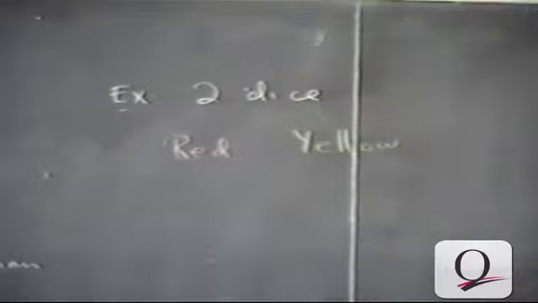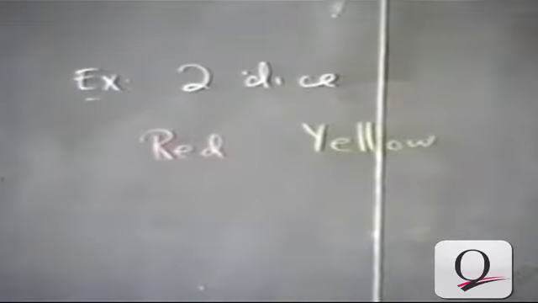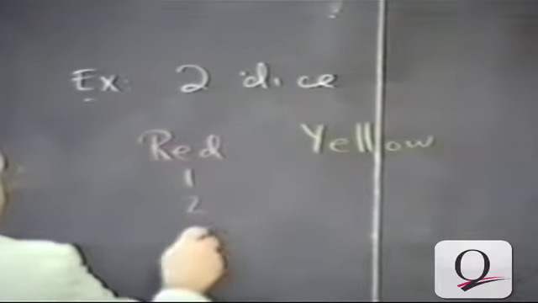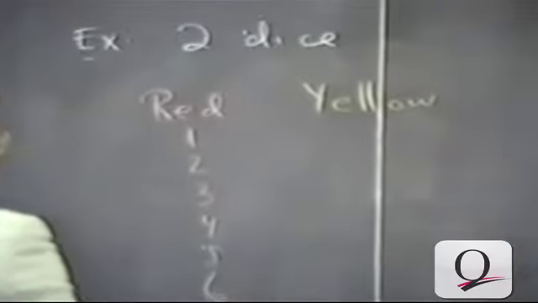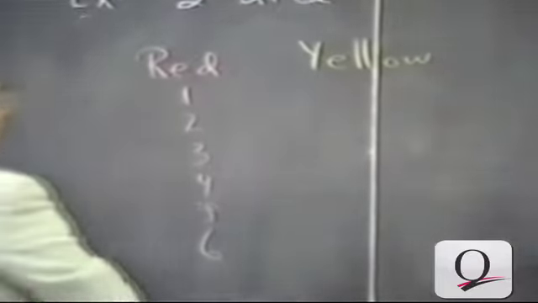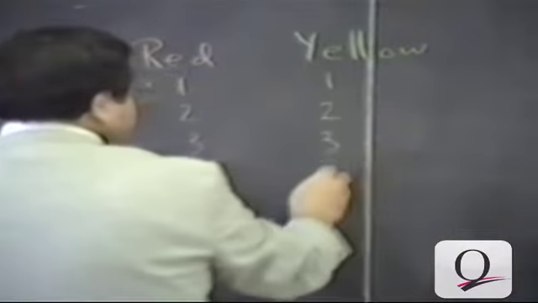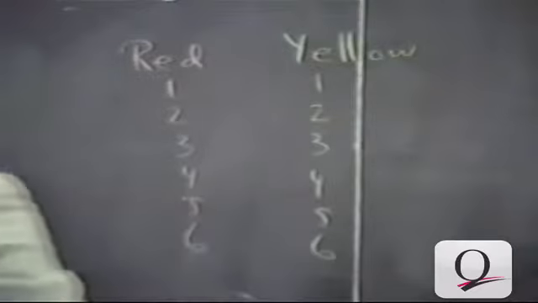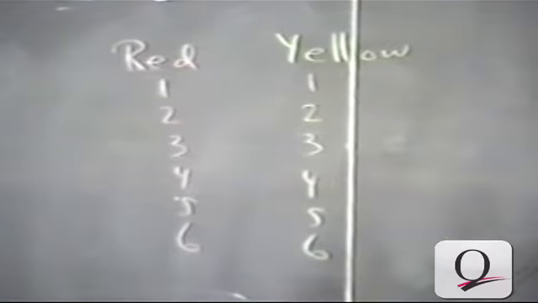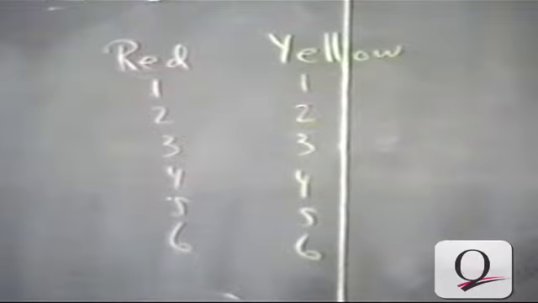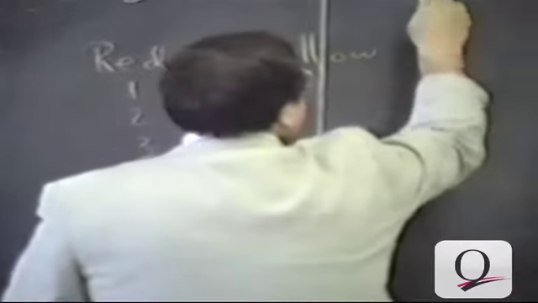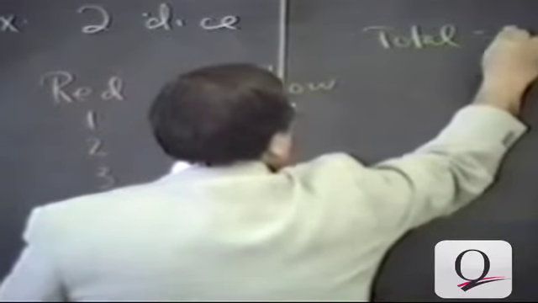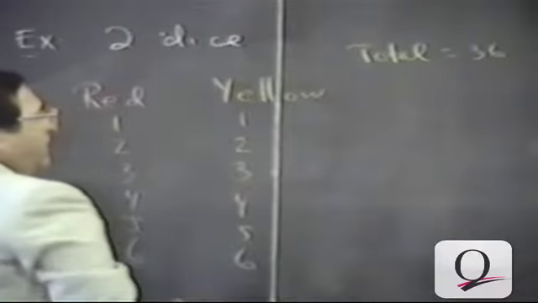And you'd like to know how many ways these 2 dice can fall. Well, you know the red could fall any of 6 ways, and the yellow any of 6 ways. So the total number of ways 2 dice can fall would be 36.